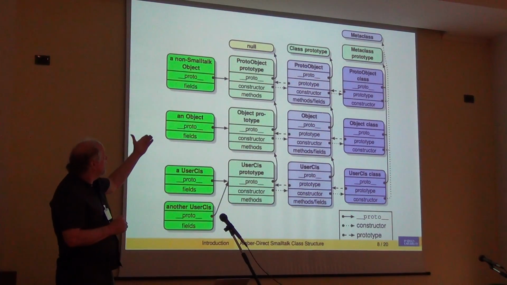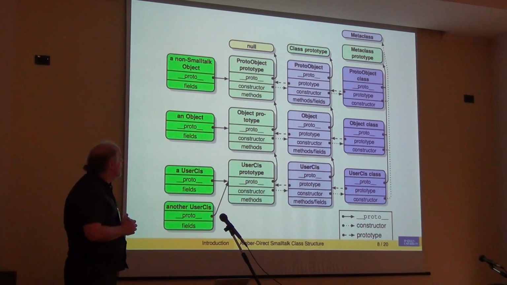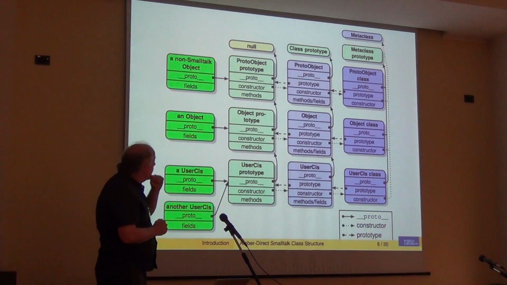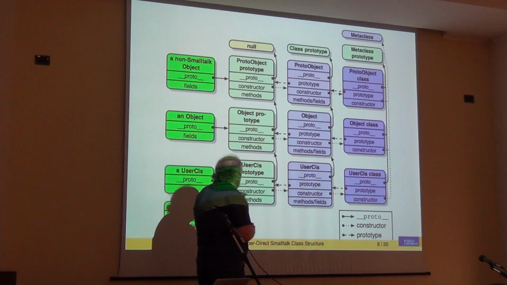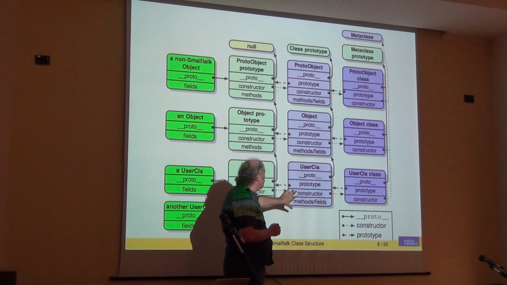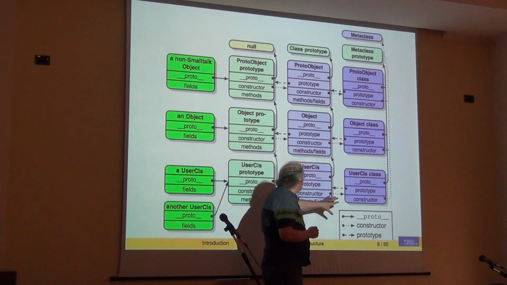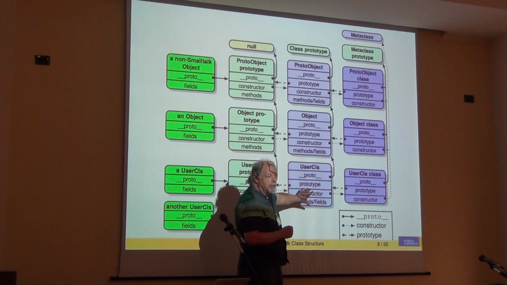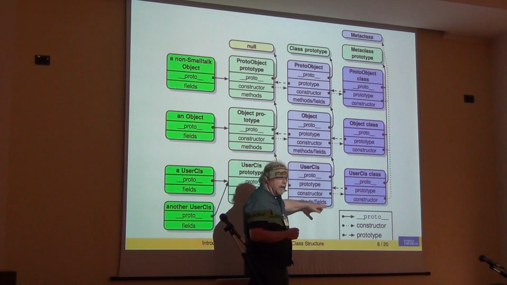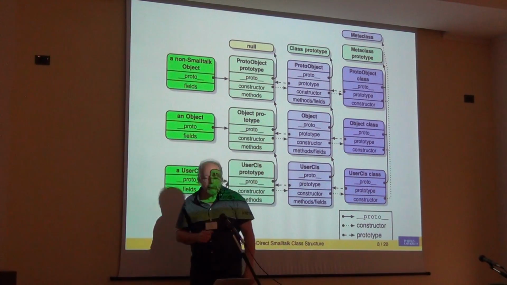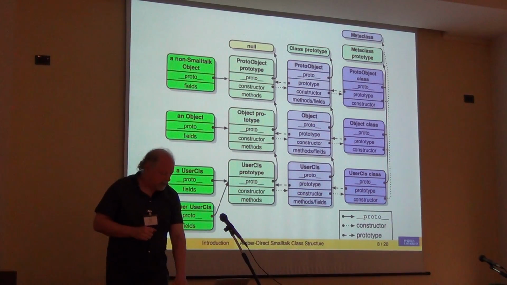And at the end we have proto pointing to null. The only difference for classes is I still have metaclasses. I don't have a method table here because there's only going to be a single instance of this anyway, so I just store the methods in the class object itself.